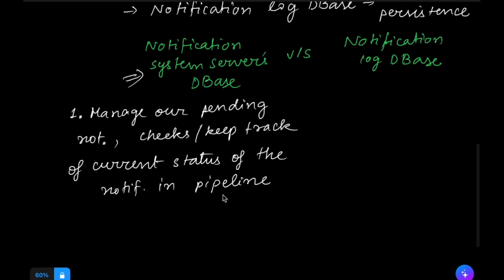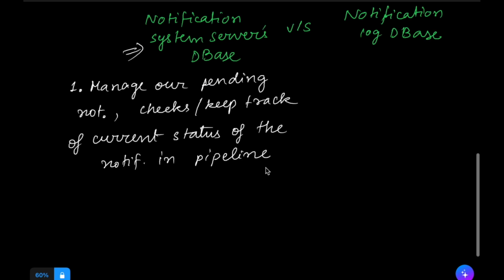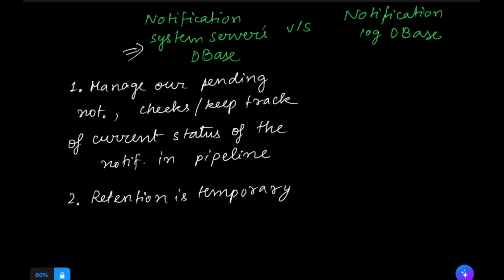It keeps track of all its states. It also helps in load balancing of the notifications across various channels, and the retention here is temporary. Once the notification has been completely delivered, it is cleaned from this database and logged into the database which we just introduced.